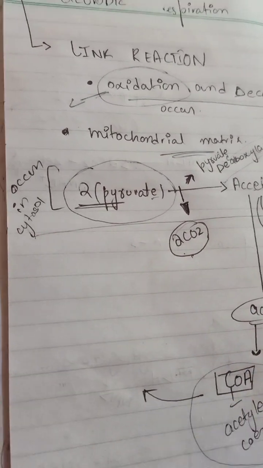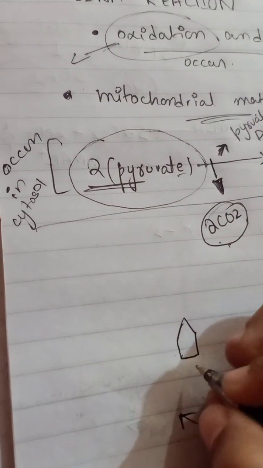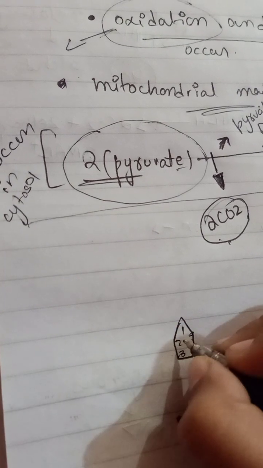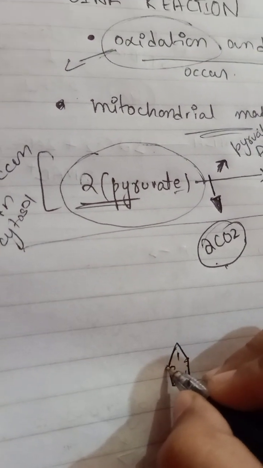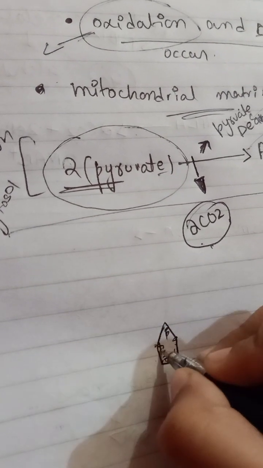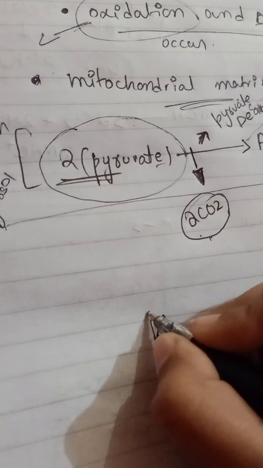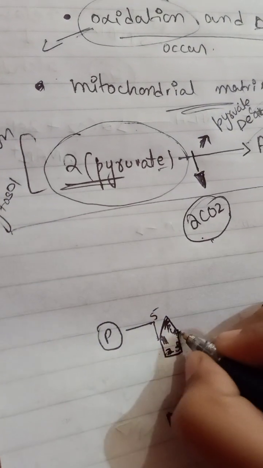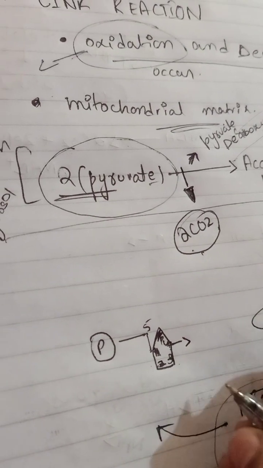Let me draw the structure so you can easily understand. This is basically a 5 carbon sugar. On the fifth carbon, as you all know, we have a phosphate, and on the first carbon we have the nitrogenous base, that is adenine.